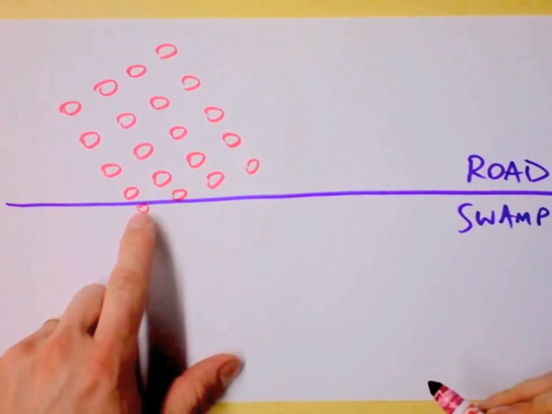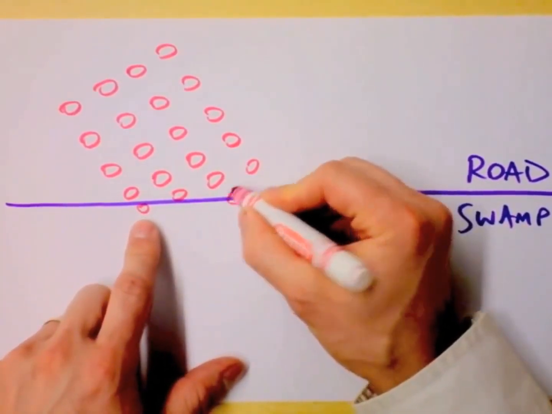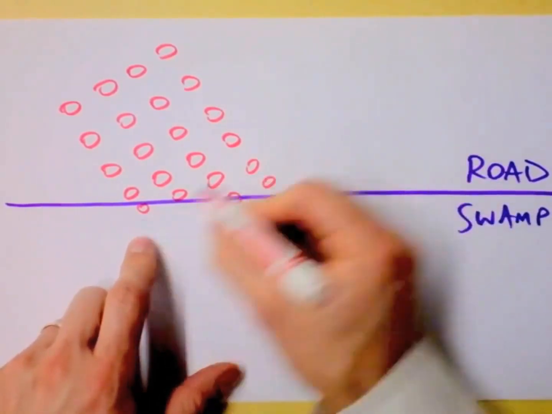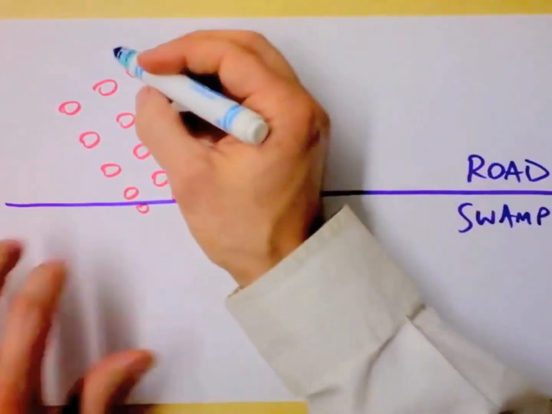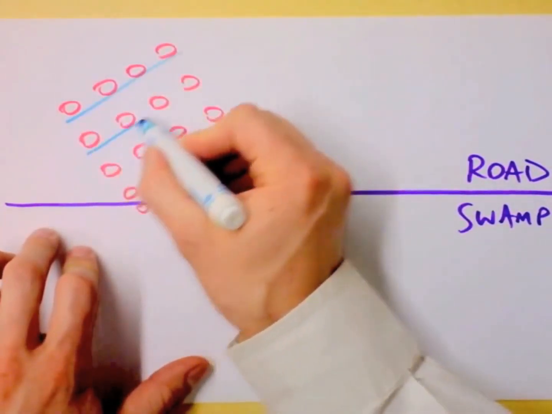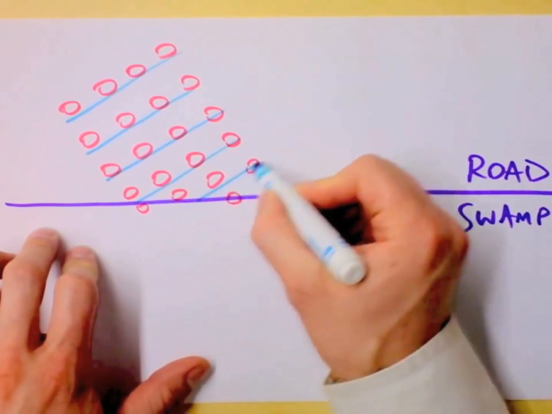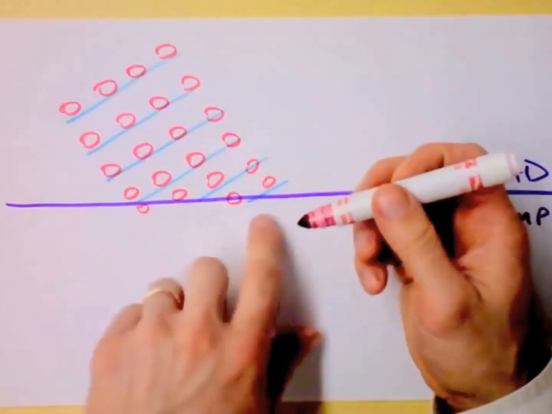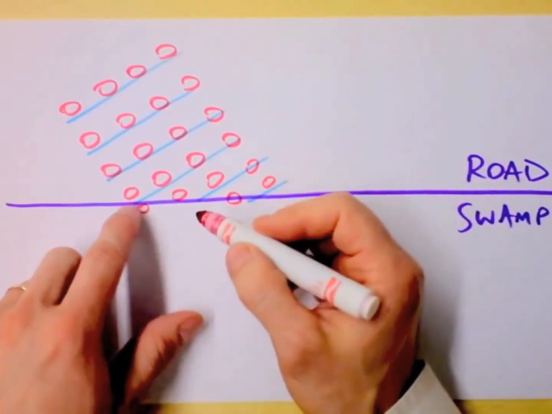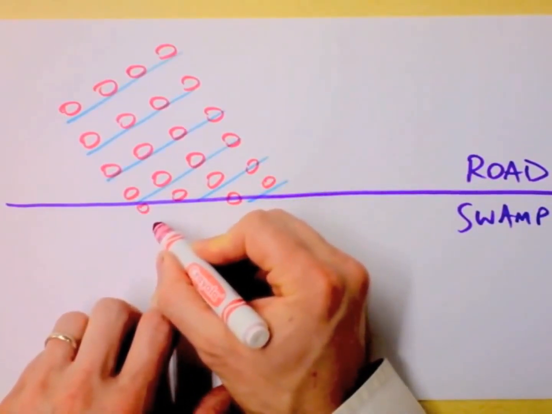The first one to hit the swamp slows down. Then subsequent people hit the swamp, and the overall effect you're going to get is a turning. If we draw the rows of marchers this way, notice that once they hit the swamp, there is a turning precisely because those marchers have now encountered a slower medium to march through.